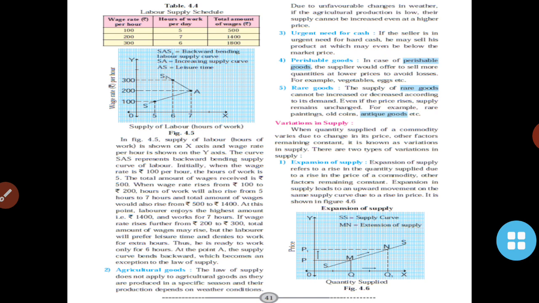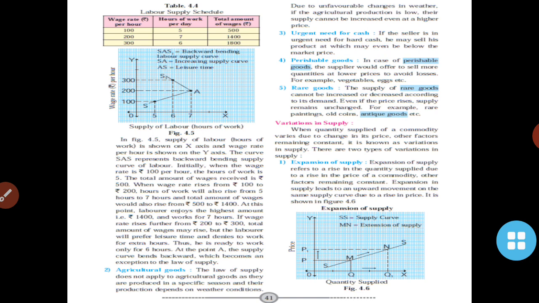Here again the chart has the x and y axes in the graph. It shows a rise in the price of the commodity, as we have seen in the last chart: the production is going up, and in that way the price is also going up. This leads to an upward movement on the same supply curve due to a rise in price.